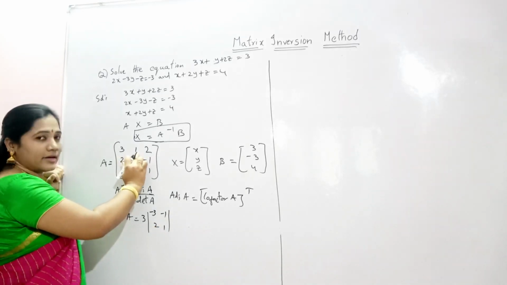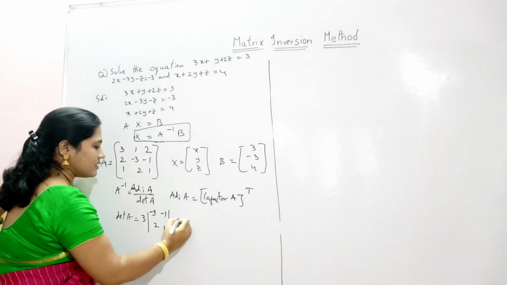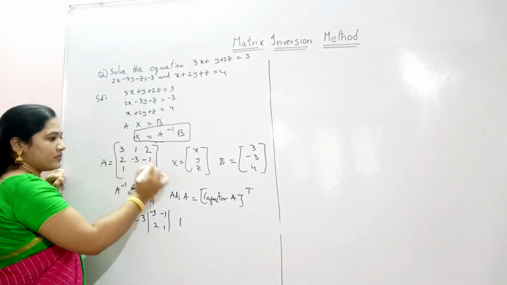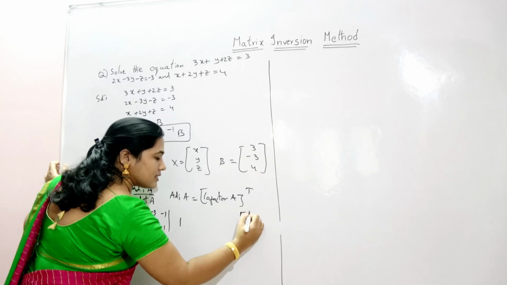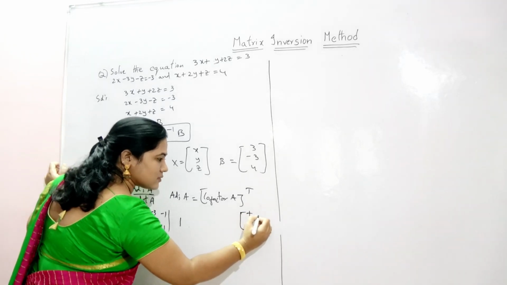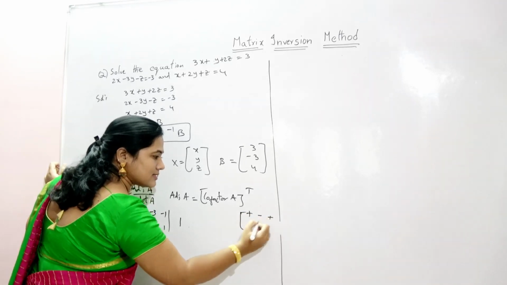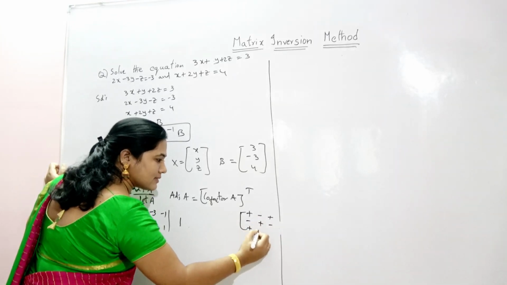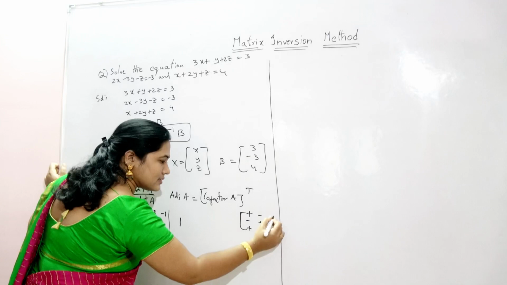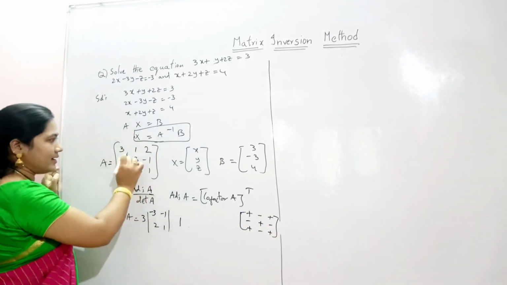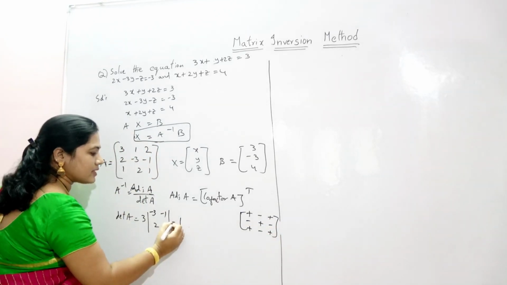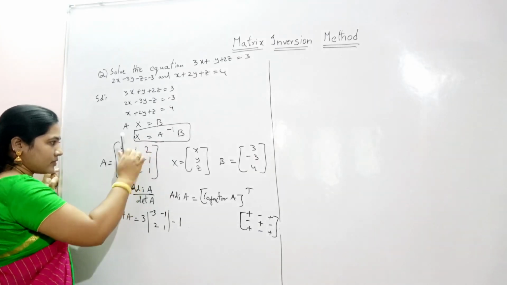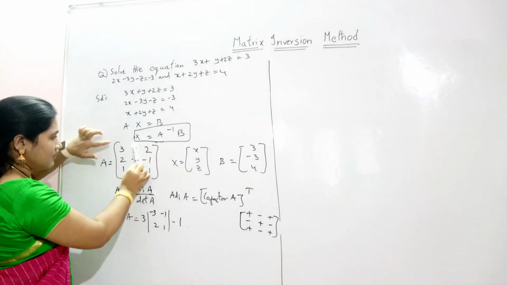For the second element, which is 1, just remember the signs for writing the cofactors: plus, minus, plus, minus, plus, minus, plus, minus, plus. So for the second element, the sign is negative, and for the 1, just close this column and this row.